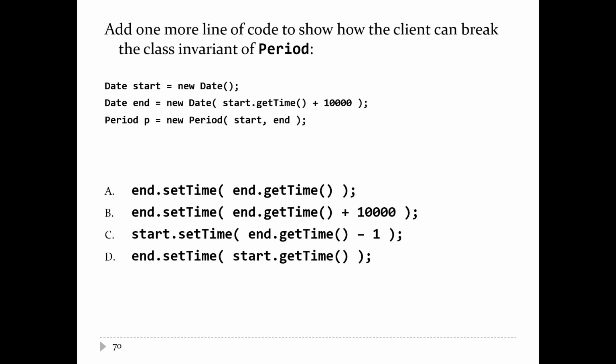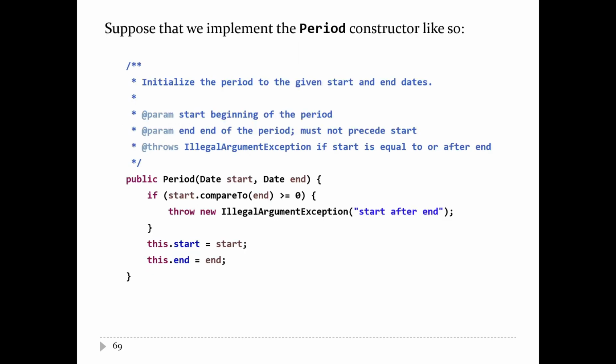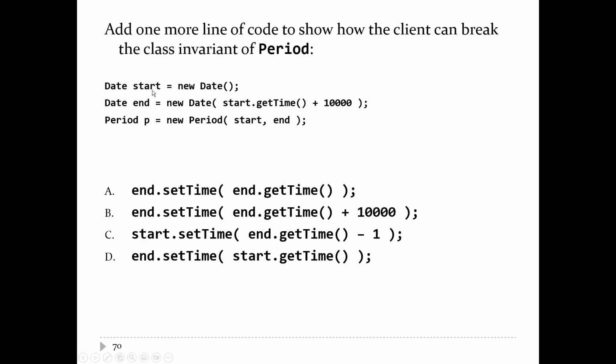Why? Because inside the constructor, we wrote this.start = start, this.end = end. If you change the state of start or end outside of the period class, then the period object also sees the change to the start and/or end time. So now the invariant of the period class is broken.